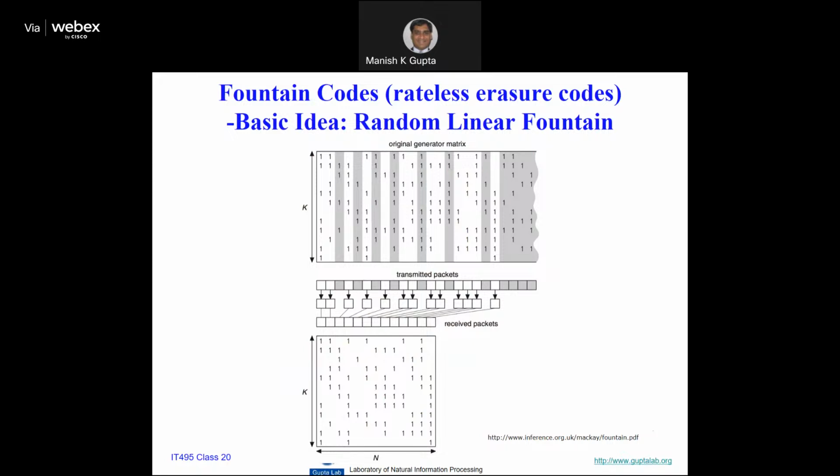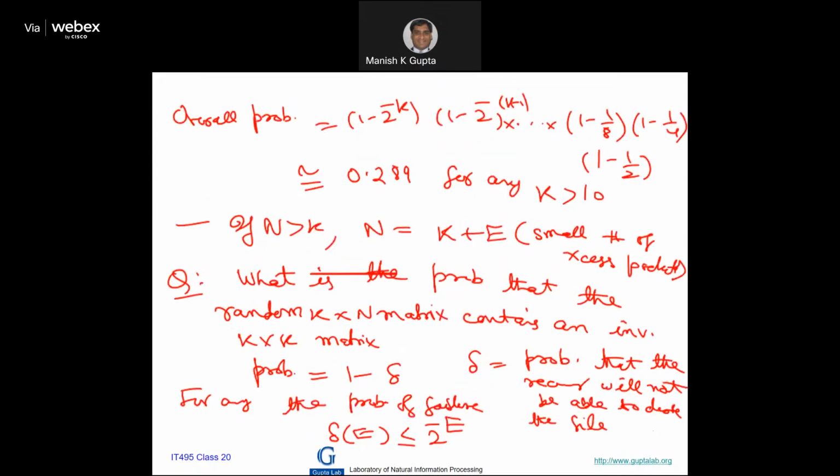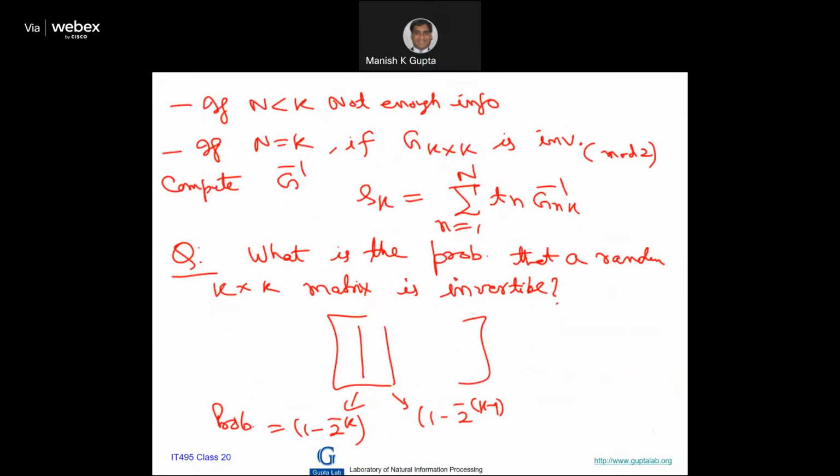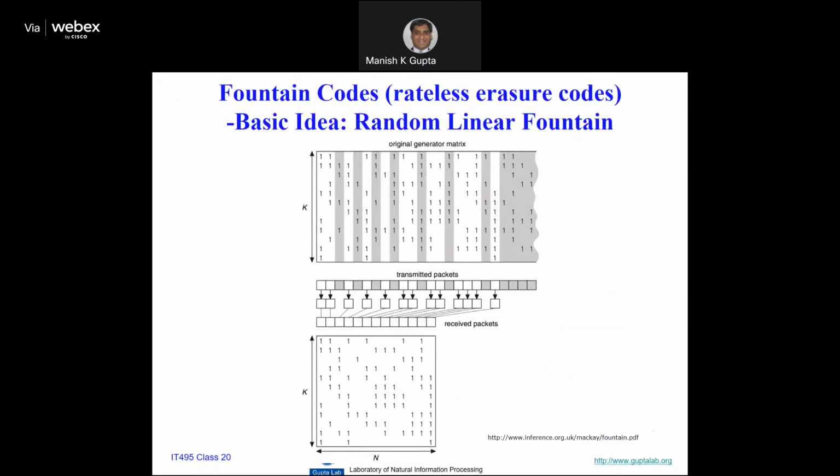So this was the matrix idea. We were looking at a K by N matrix. Remember, this is an infinite matrix, which is a generator matrix for the fountain code.